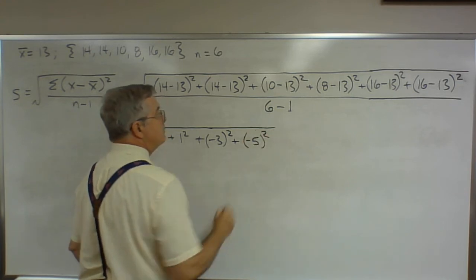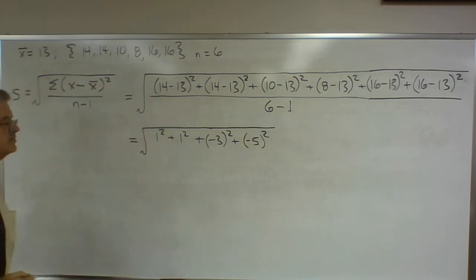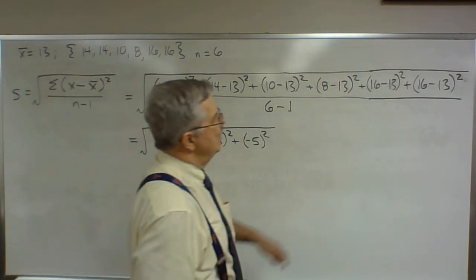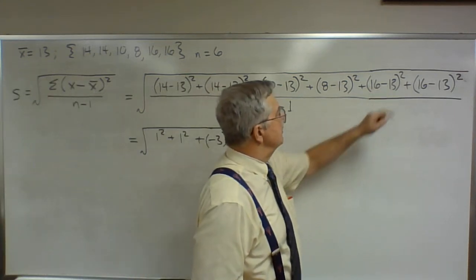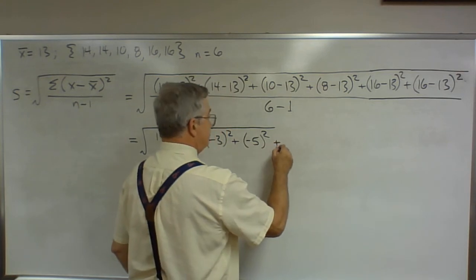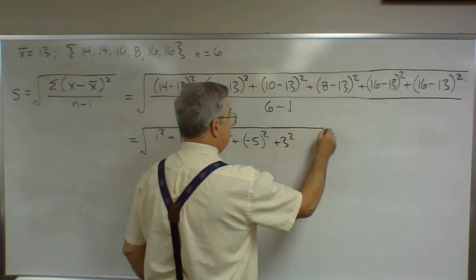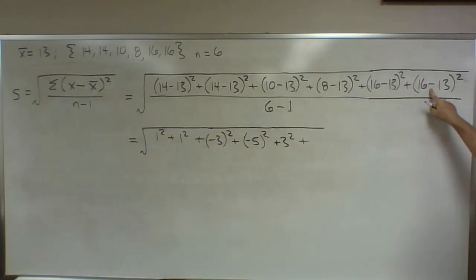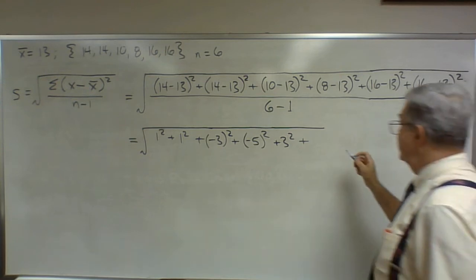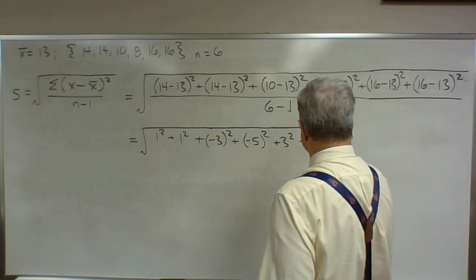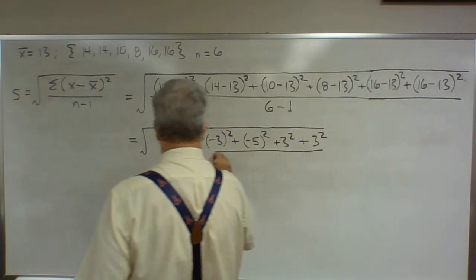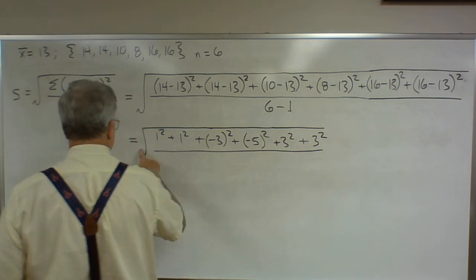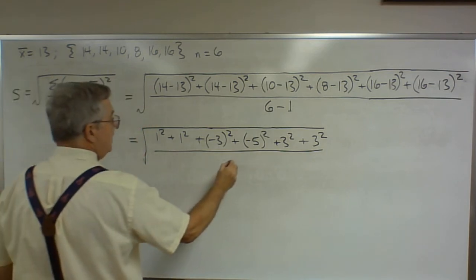And we square it. Then we have 16 minus 13, which is 3. And we square it. And we have 16 minus 13 again, which is 3. And we square that. And on the bottom we have 5.